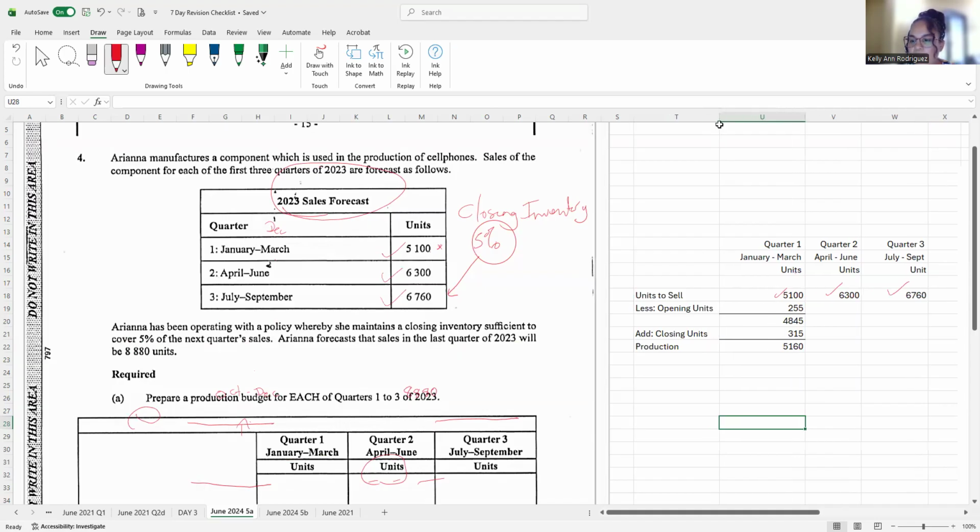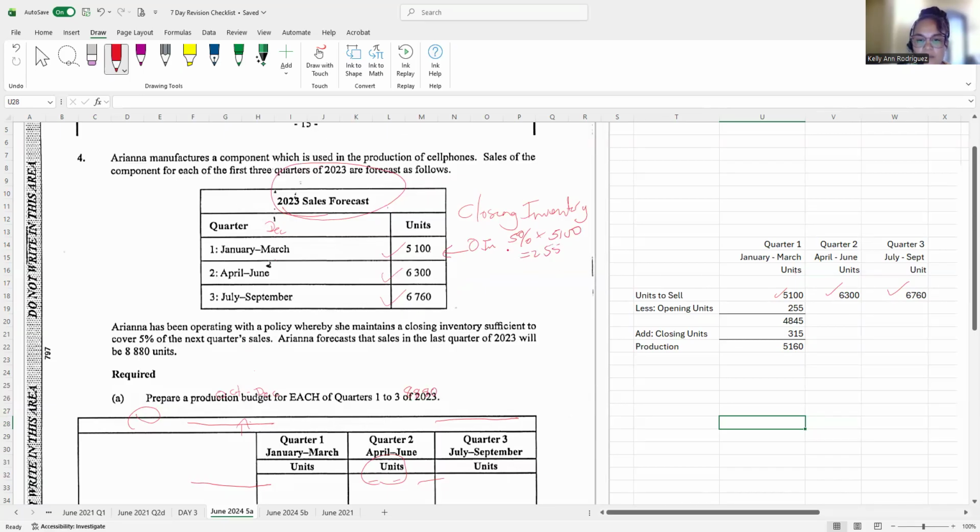So what do we have other than that? We have the opening amounts of units that we're supposed to keep for production from the production of the last quarter, 5% of the next quarter's sales. So the opening inventory here would have been 5% in December of what they estimated to be here, 5,100. So 5% of 5,100, and let's work it out. So your opening inventory is 5% of the 5,100, which will give you how much? 255.